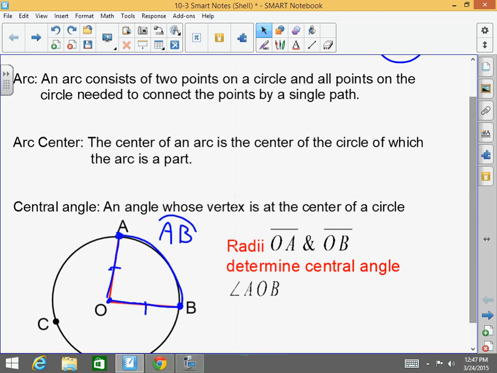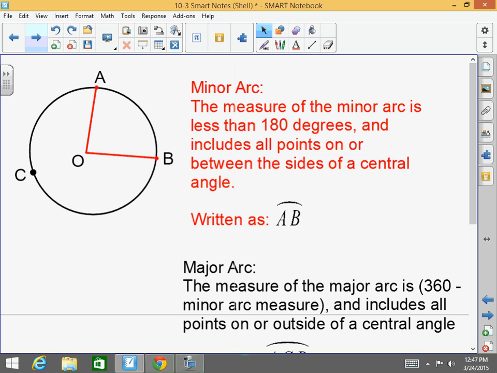Now, you have a minor arc and a major arc. The measure of a minor arc is less than 180 degrees and includes all points on or between the sides of the central angle. So just like I described in the slide before, I have this central angle AOB.